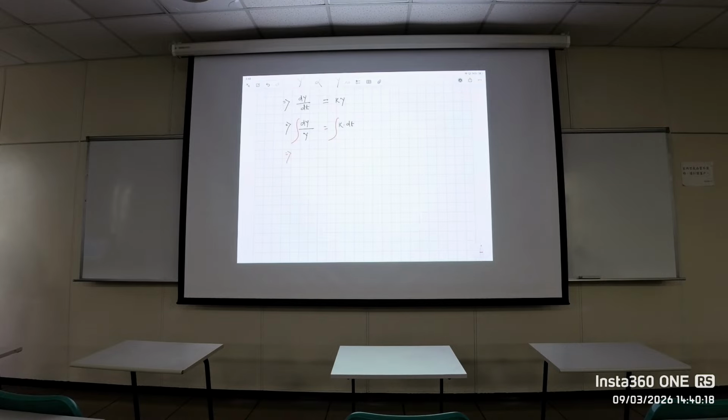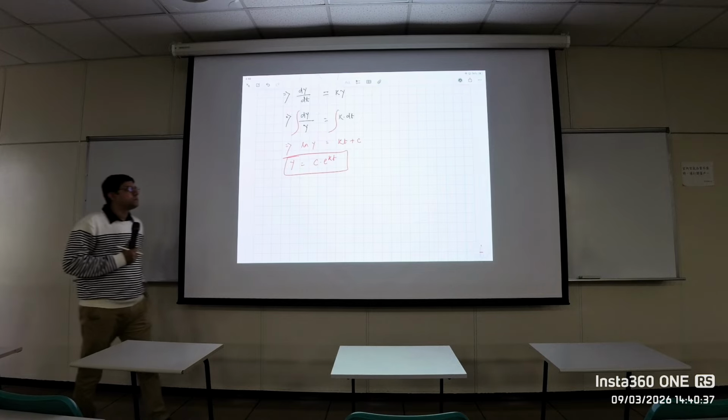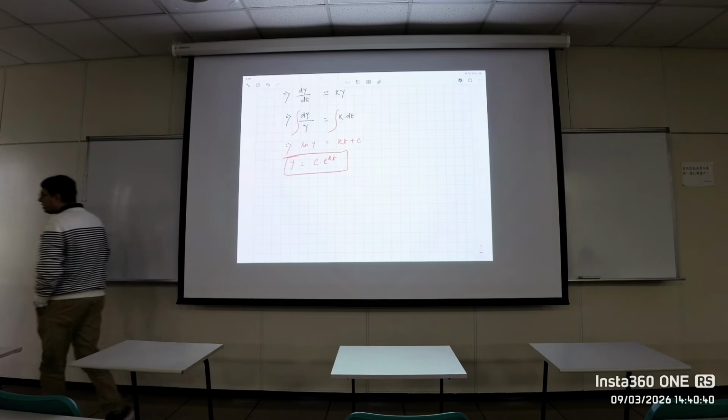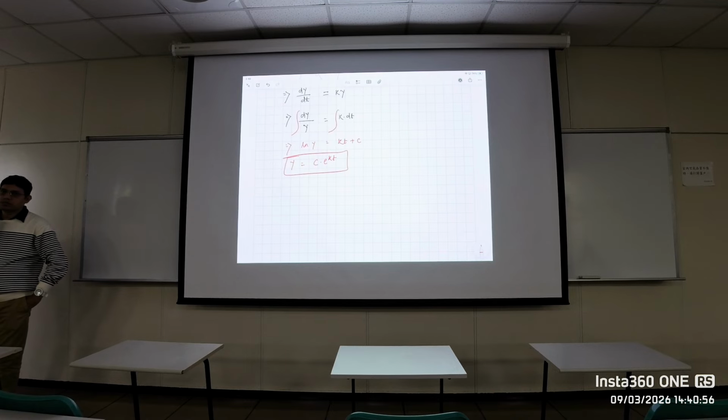So that is giving me ln y is equal to kt plus c, and then my y is equal to c e to the power kt. After solving this ODE, I got this information.